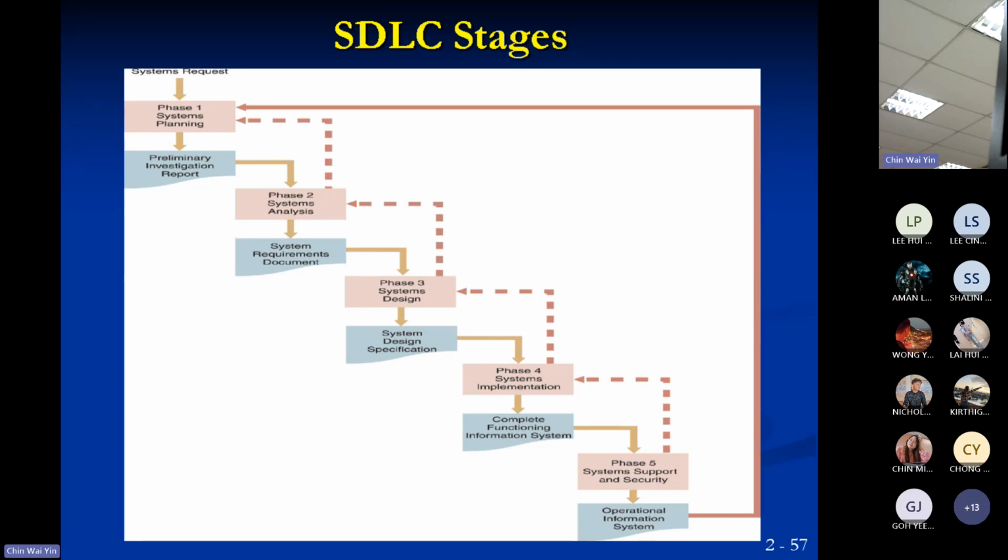This red line, from the operational information system, right back to phase one. What does that tell you? What do you think that means? From the operational information system, right up to phase one, system planning.